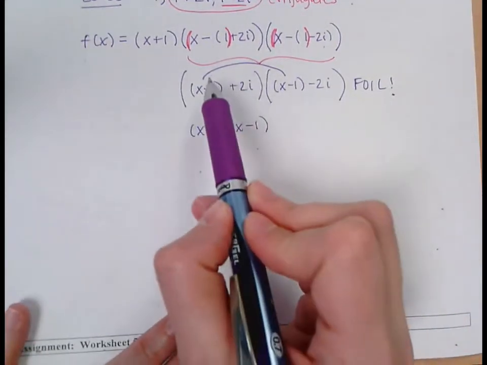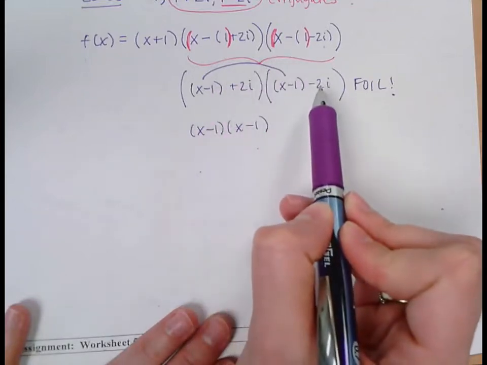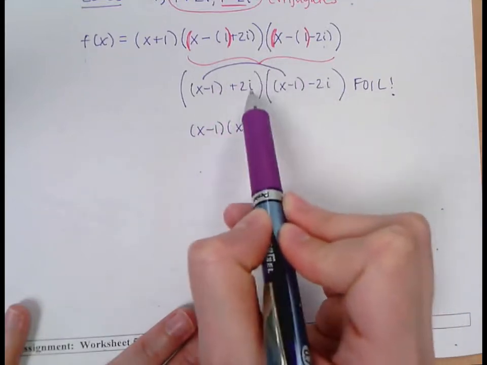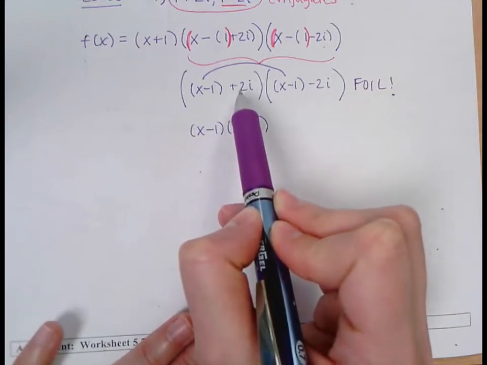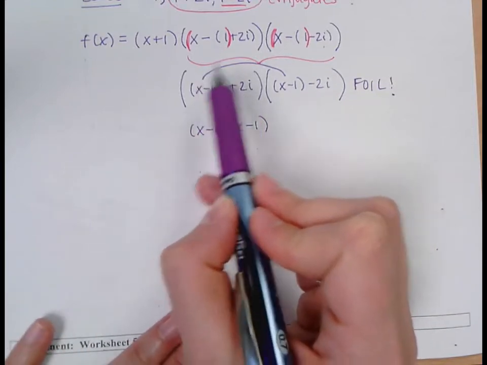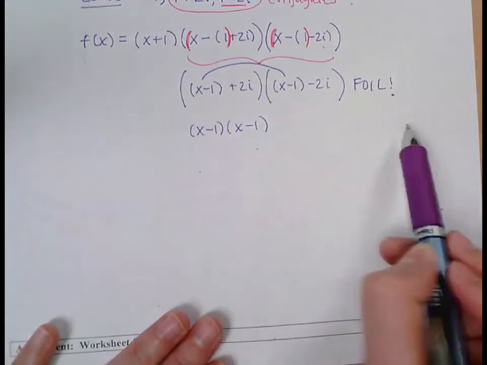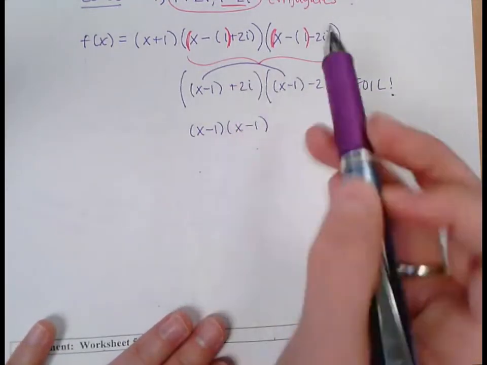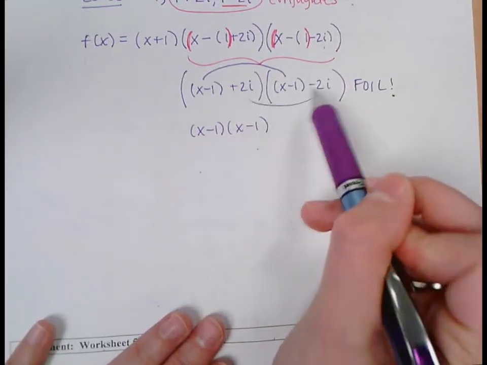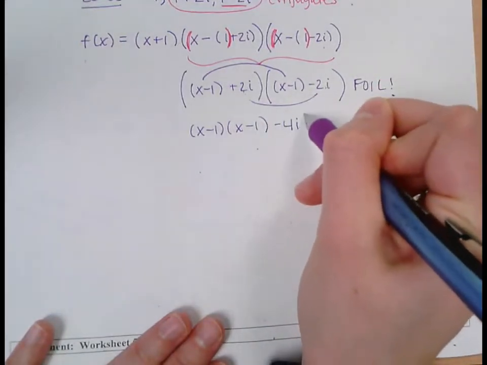But when I multiply the outer terms, x minus 1 times negative 2i, and then the middle terms, x minus 1 times positive 2i, those cancel out. When you multiply conjugates, the middle terms always cancel out. So you could write that down, they'll cancel, or just leave it. And then when I multiply the last terms, positive 2i times negative 2i is minus 4i squared.